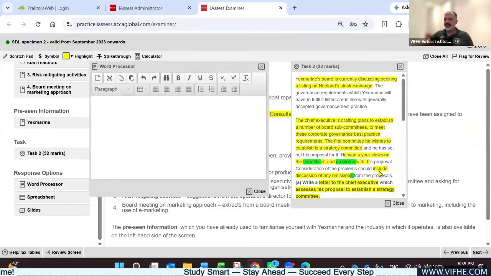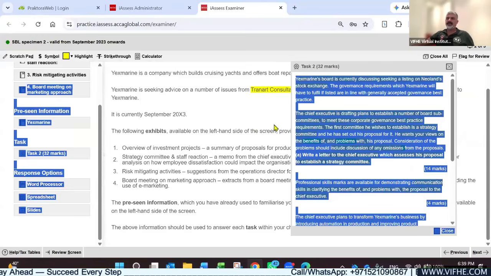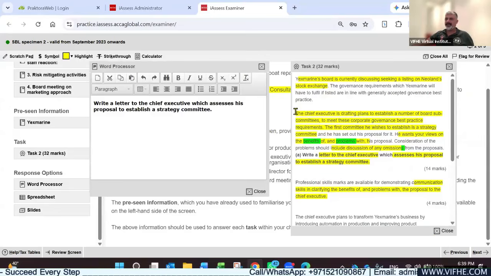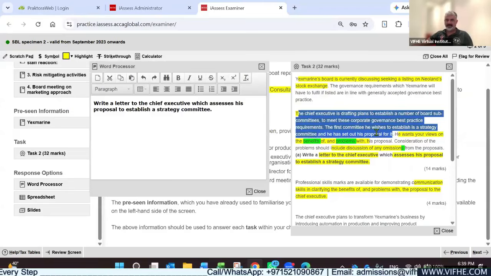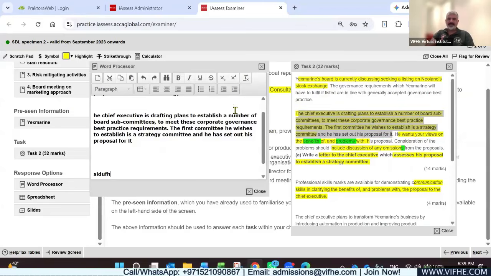I can copy paste, Control C and then Control V. You see, I can copy paste this. I can type.